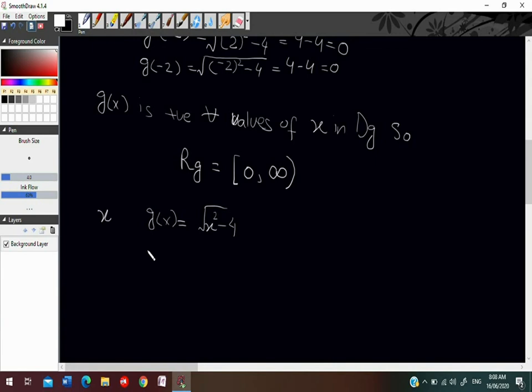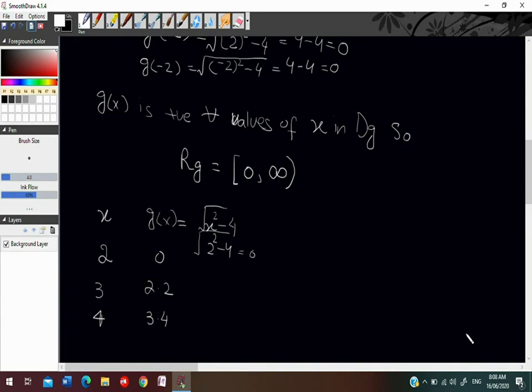For 2, you can calculate g of x, 2 square minus 4 under root. So what we have? We have 0, right? And then you can take another value, 3. You can calculate it, it becomes 2.2. And for another value, 4, you get 3.4. These are the positive values.